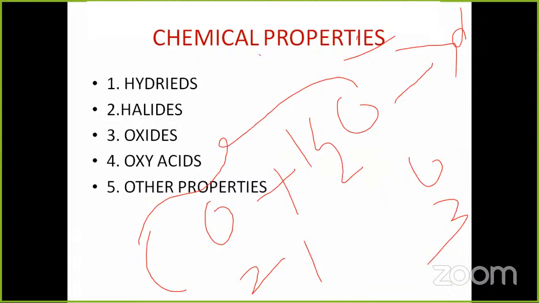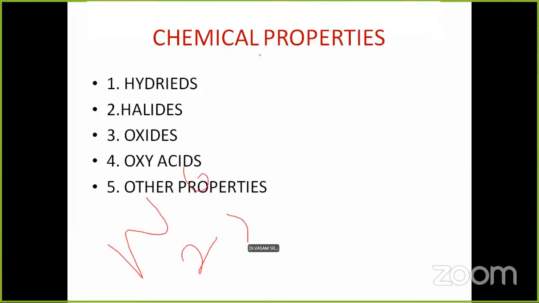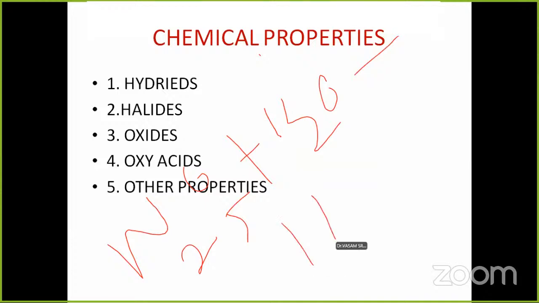And another example, just for your idea; I will again tell you group-wise in detail later, don't worry, I'm just telling you for the concept. You come to the fifth group element, for example. The famous oxide, take one example, N2O5, nitrogen pentoxide. When dissolved in water, it gives HNO3.